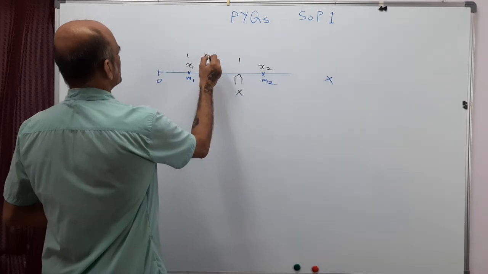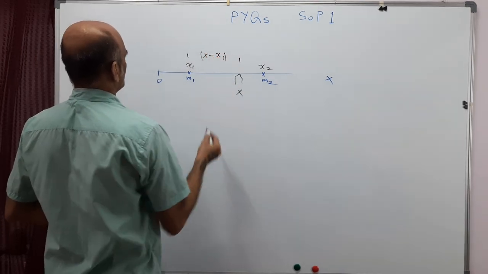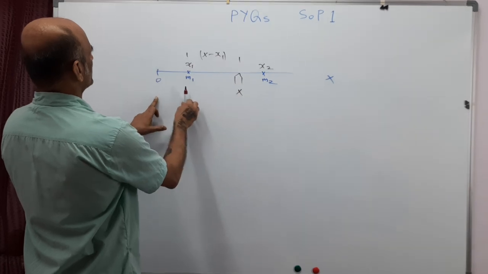So this distance is capital X minus x1, because from here to here it is capital X, from here to here it's x1.